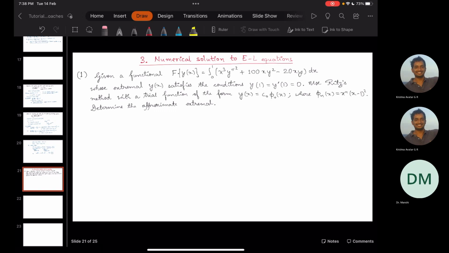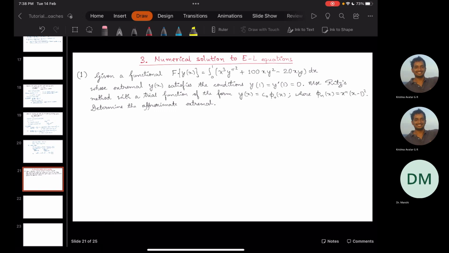with a trial function of the form y of x is equal to c naught phi naught of x. And if you recall, here our general expression for phi n, and you must recall that phi's are what we had called basis functions. Fine. So here the general expression for the basis function phi n is x to the power n into (x minus 1) whole squared.